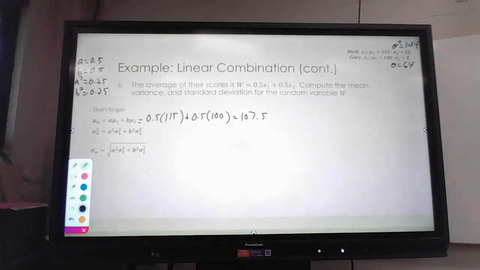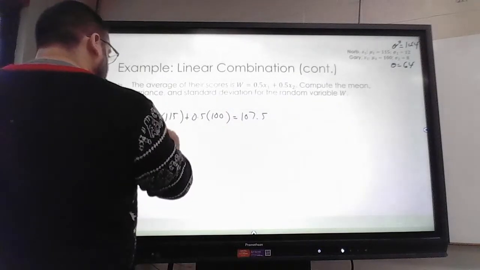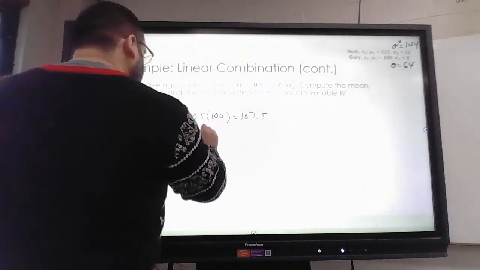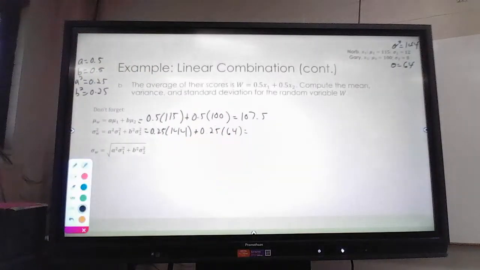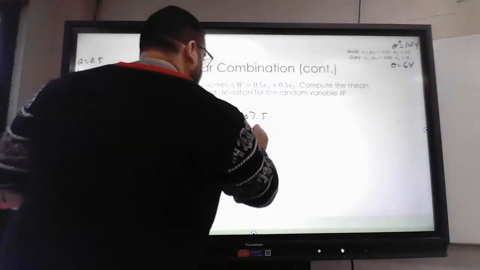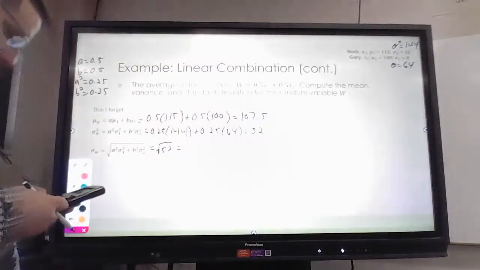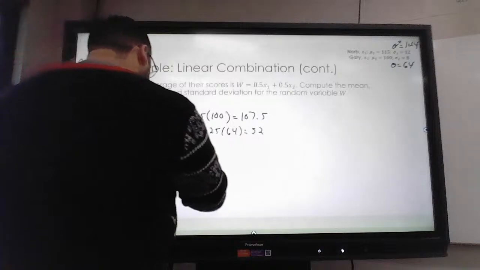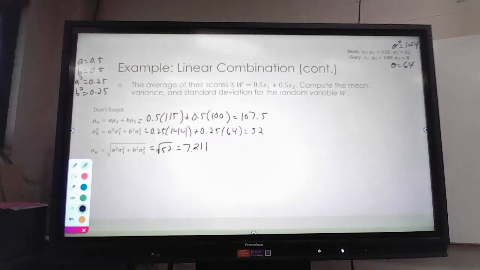All right, now for my variance, that's 0.25 times 144 plus 0.25 times 64. I get a grand total of 52. I'm going to take the square root of that variance, round to 3 decimal places. I get 7.211 as my standard deviation.